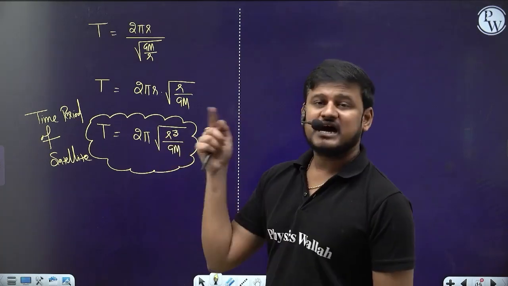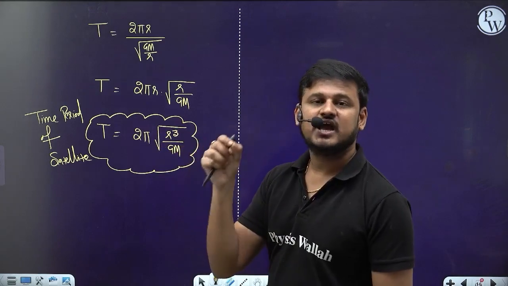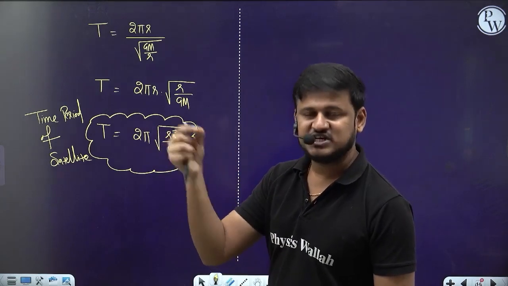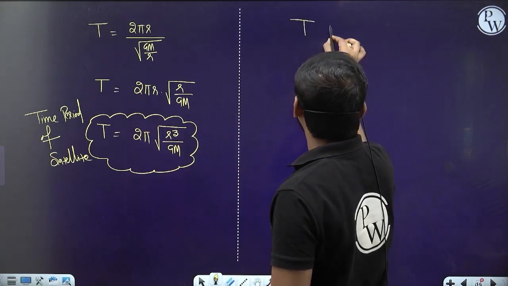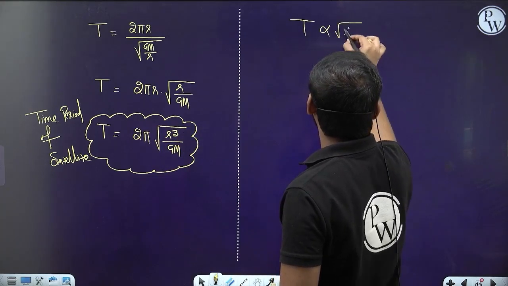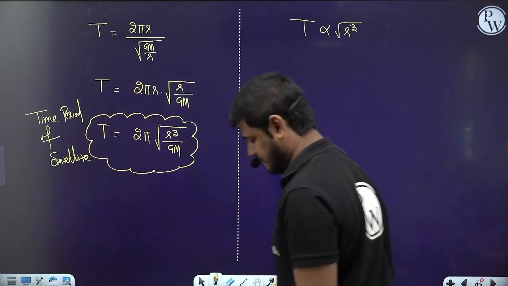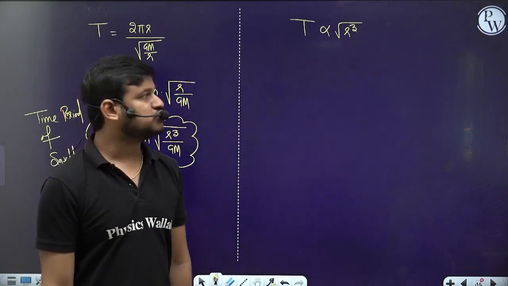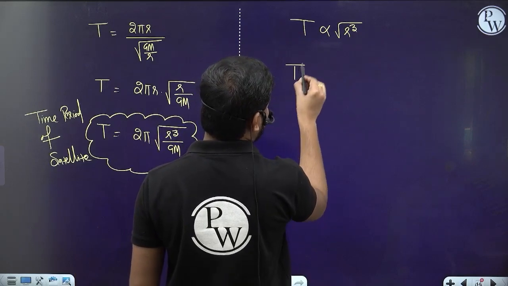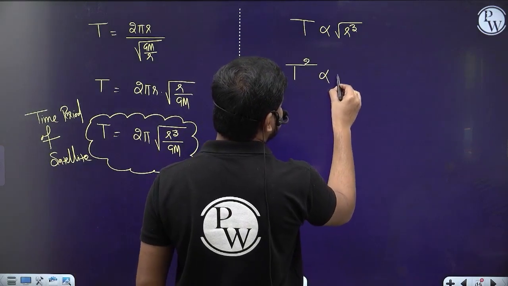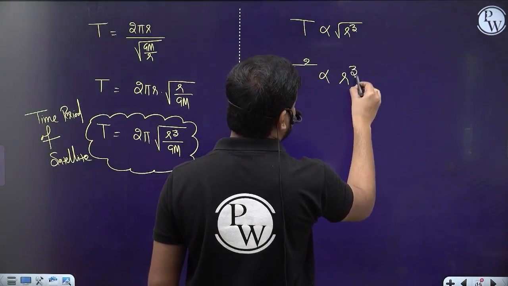So r changes, the distance around the planet at which it revolves, this varies. So I can write that T is directly proportional to root r cube. So here I can square either side. So T square is directly proportional to r cube.